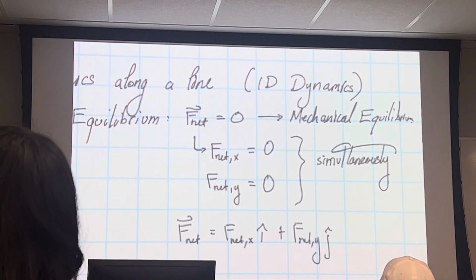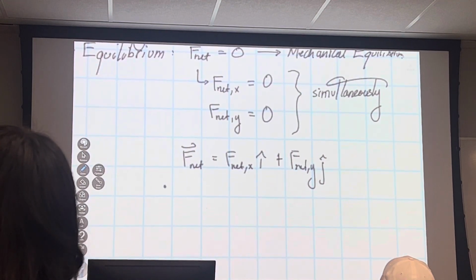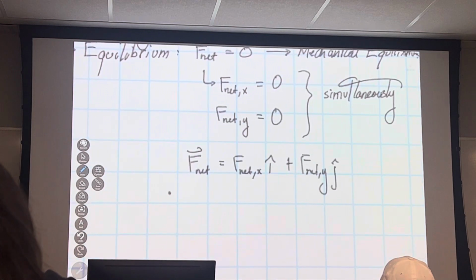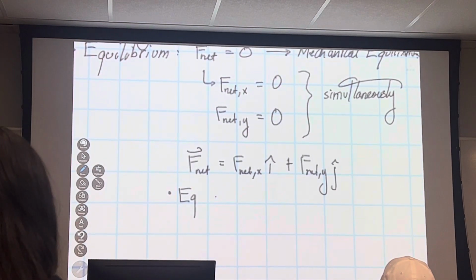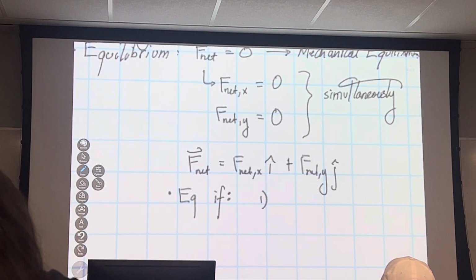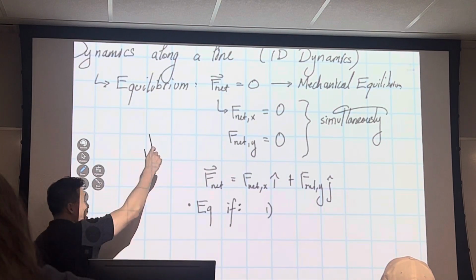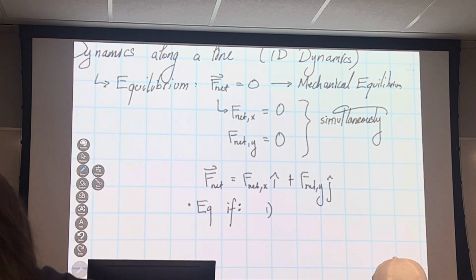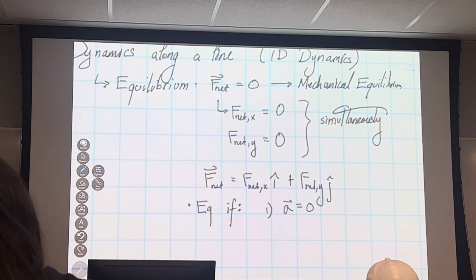Well, how are we actually going to be seeing that written inside a problem? So let me tell you the various scenarios which will hint at it being in equilibrium. It is in equilibrium if F net is equal to 0. That also means acceleration is equal to 0, and that is through Newton's second law.